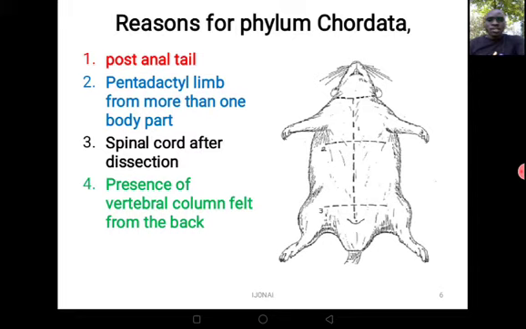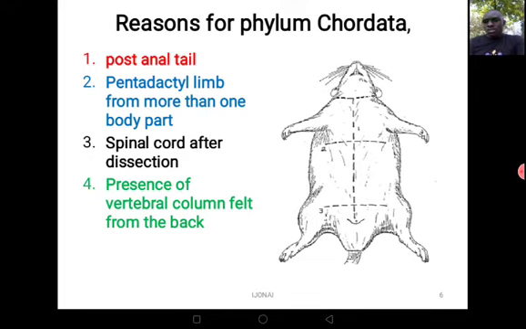So usually these chordates have a limb which terminates into 5 digits, that you can call fingers or toes. And these limbs come from different parts of the body, the fore and the hind part. All the chordates are like that. So that is one of the characteristics of chordates, having the pentadactyl limb from more than one part of the body.